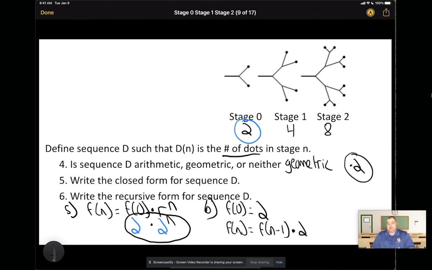In this case, I'm going to multiply it by 2. So f of 0 equals 2, and f of n equals f of n minus 1 times 2. So new term equals previous term times 2. So this that I'm circling right now, that is your answer to number 6, and that is it for lesson 10.